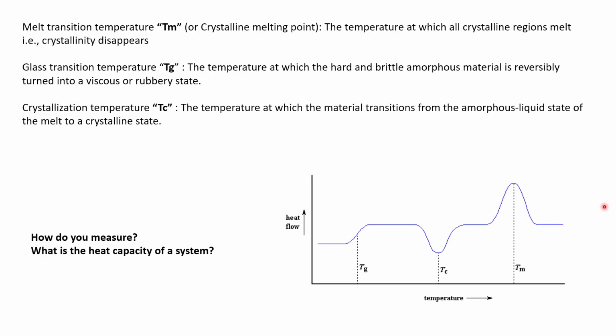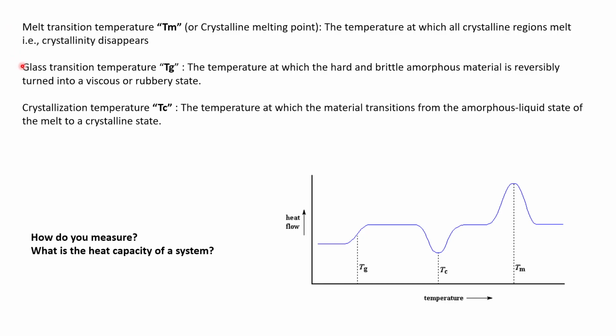Okay, so let's briefly go through what the glass transition temperature, the melting point temperature, and the crystallization temperature are for polymers. The melt transition temperature, or TM, is the temperature at which all the crystalline regions melt and the crystallinity disappears in a polymer.